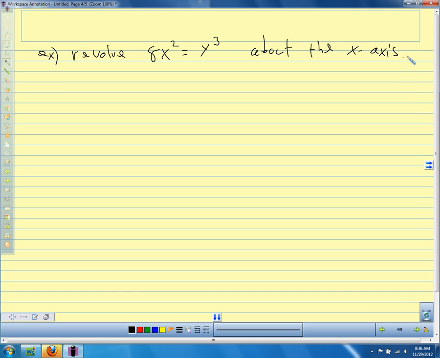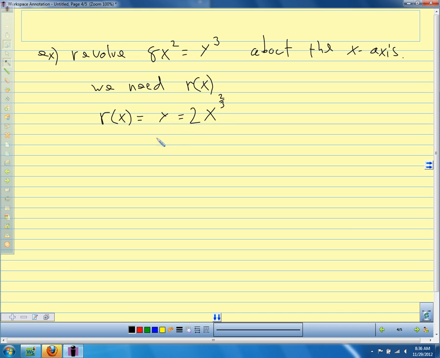We need r of x. So how are we going to write r of x here? y equals 2x to the 2/3. We have to solve for y in terms of x, and then this is going to be our radius function.